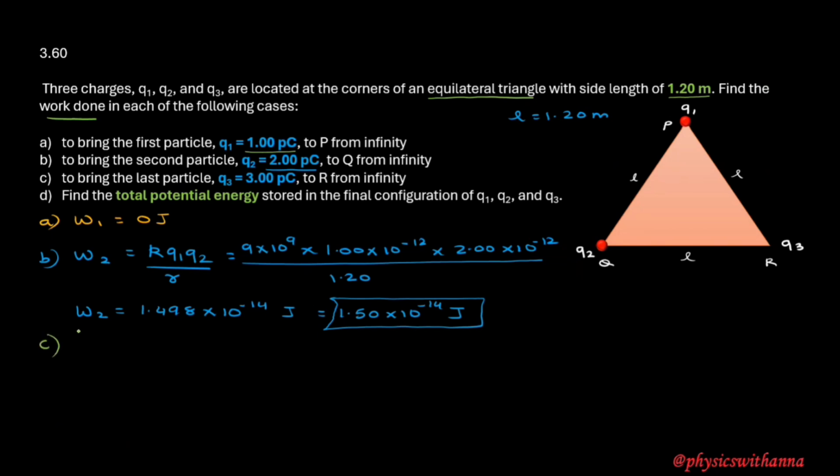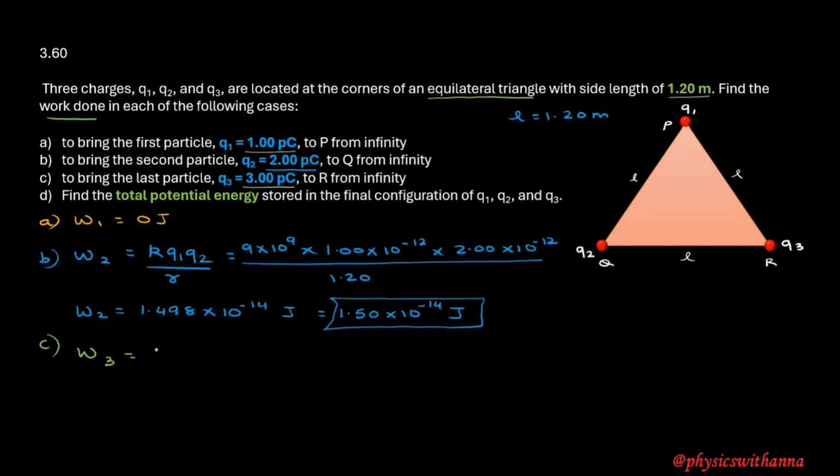Then in part C, we need to bring the last particle Q3, which has a charge of 3 picocoulomb, to R from infinity. So now we're bringing the third charge particle at point R. And in order to bring this third charge, you have to do work against charge Q1 and Q2 to place Q3 at point R. So work done in bringing the third charge W3 will be work done against Q1 and Q2.